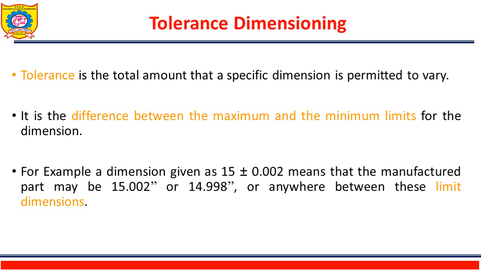It means that the manufactured part may be of 15.002 inches or 14.998 inches or anywhere in between these limit dimensions. So it is going to vary in between this range, that is 15.002 or 14.998.